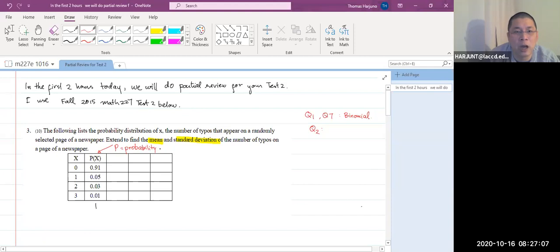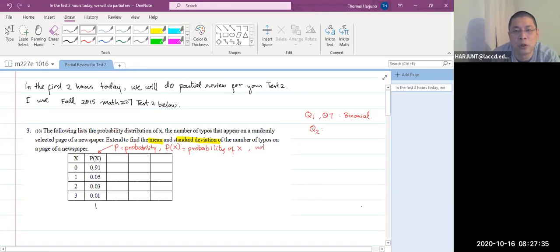But in higher statistics or higher probability, you may see P(x) instead, the way it is written here. That's the probability of event X. Not in the sense of multiplication, but in the sense of functional notation.